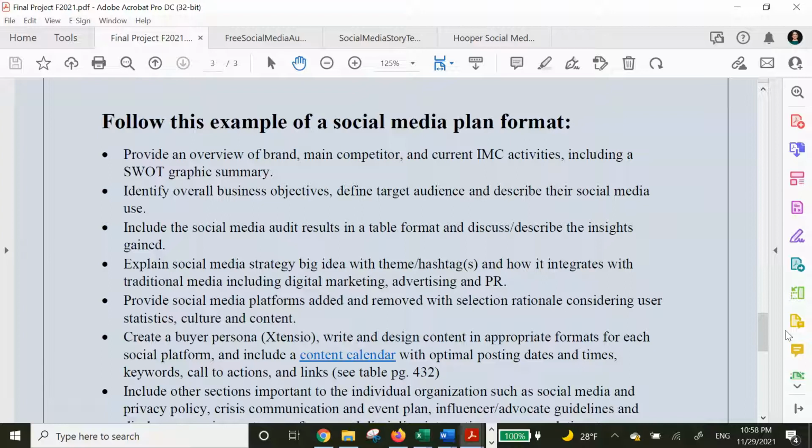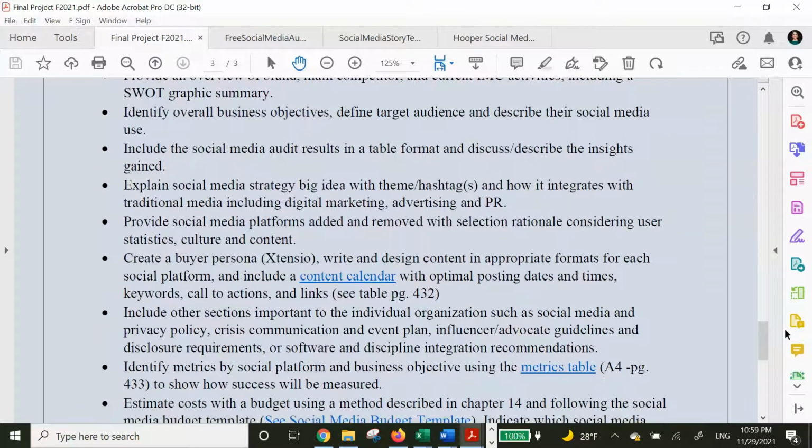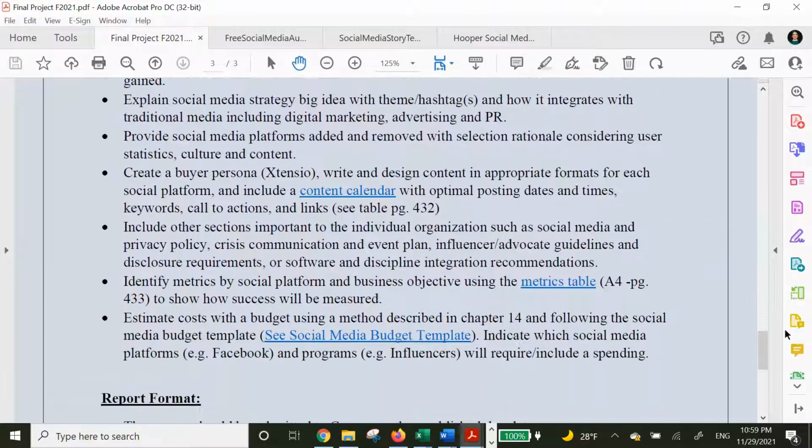So right here you have an example of a social media plan format. How would you put the information in, and in what order? You can check all this on your own. Again, there's a part of the plan where you're going to do a social media budget.